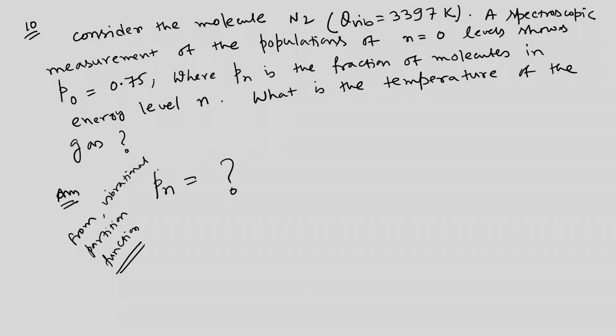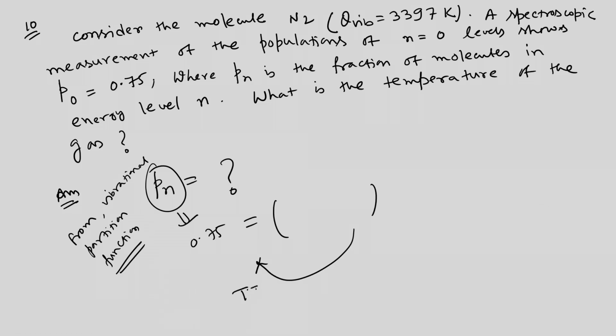So, once you get Pn, you substitute the value of Pn as 0.75. So, you have some expression here. Once you substitute this, you calculate the value of temperature. So, this is a very simple problem. You can always carry out, so I am just skipping that one.